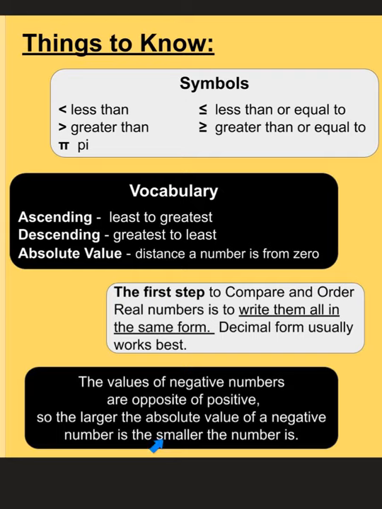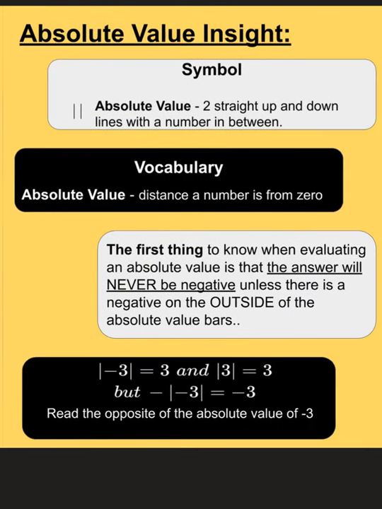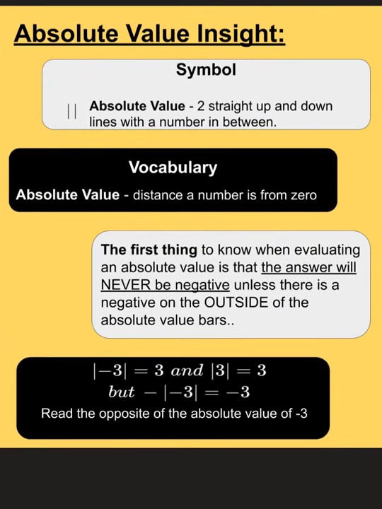So if I had a negative 52 and a negative 20, the negative 52 is actually smaller because the greater absolute value, the smaller it is on the negative side.